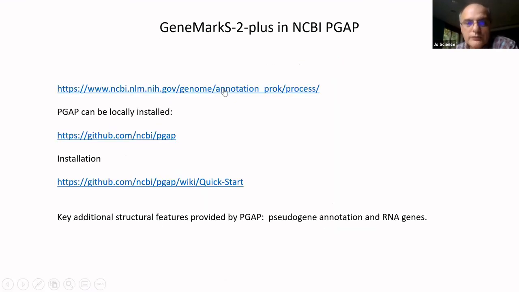So the full process is described at NCBI. You can download, if you want, the code for PGAP and run it locally. This is a resource and time-consuming pipeline. It's very high quality. It does not just structural gene annotation, but also functional gene annotation.